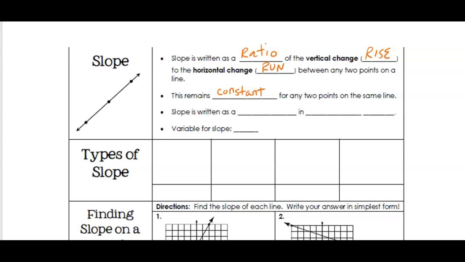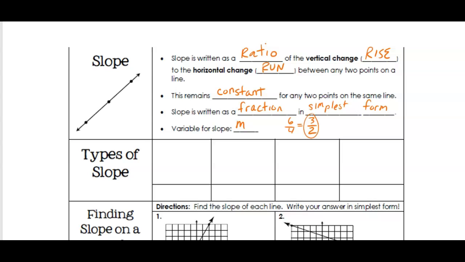And then we always write this slope as a fraction in simplest form, or simplest terms. So you would not write 6/4. You would write the simplest form of 3/2. And our variable that we use for slope is m.